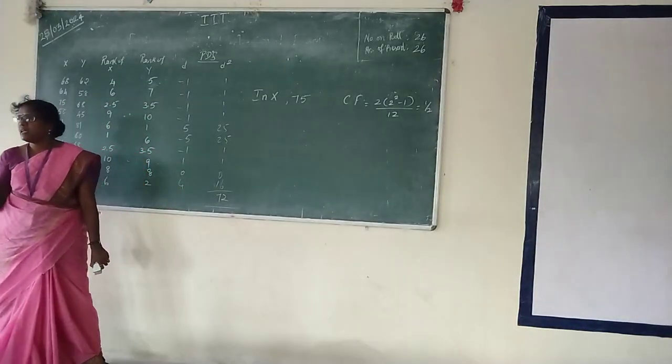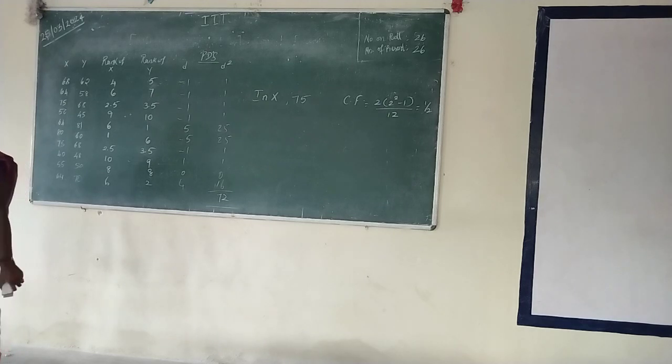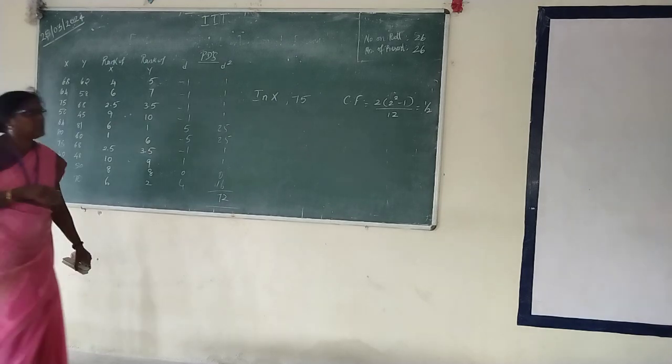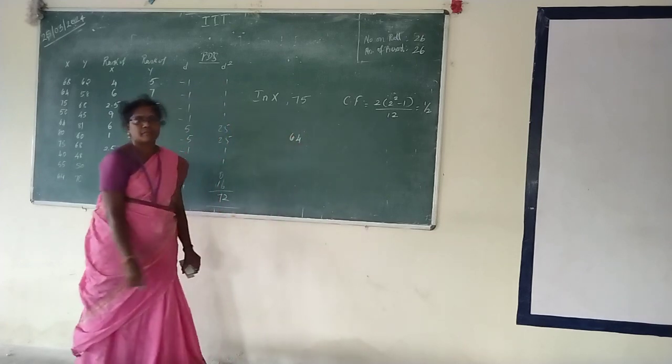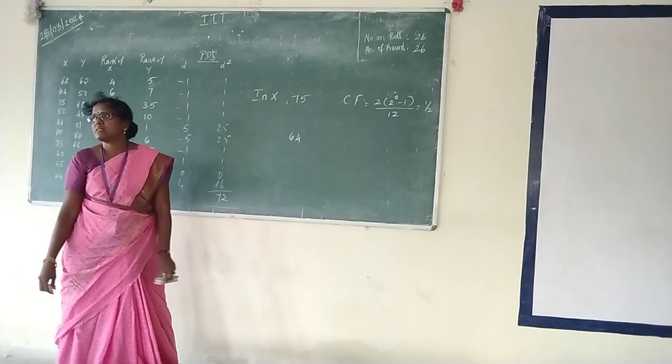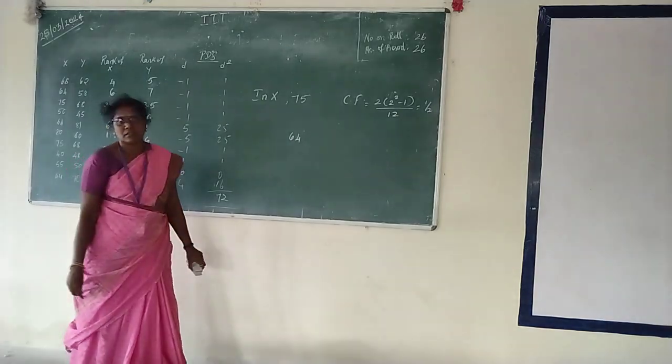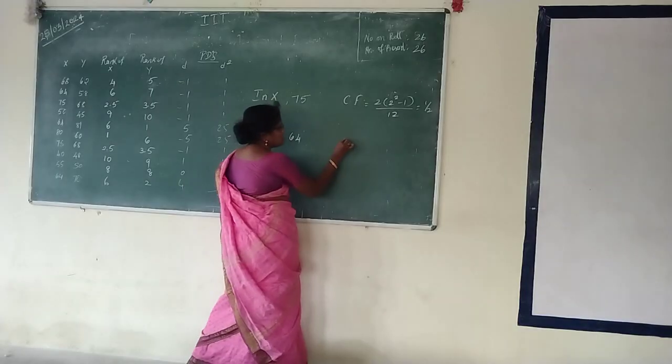Any other repeated value next? 64. How many times is it repeated? 3 times. So write in x, 64 is repeated thrice. Find the correction factor for this one.